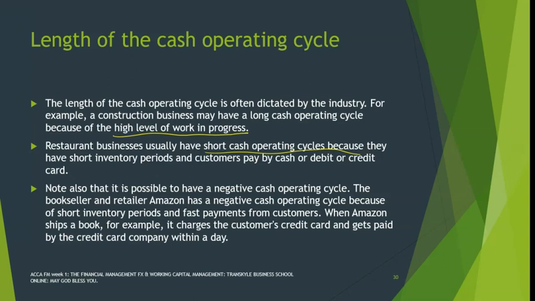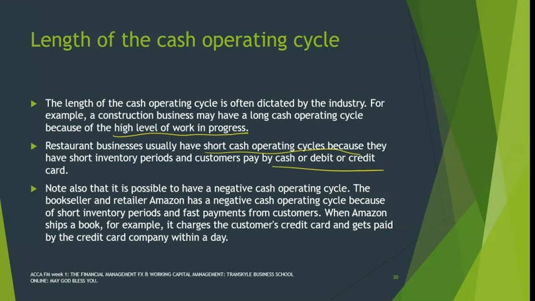When we are talking of cash, we are referring to fiat currency as well as plastic money. Most of the transactions will be on a cash and carry basis, but you can't do that in the construction industry. You need to spend more time building those houses or flats, and then customers will have to come and buy those houses, which is a process that takes time.